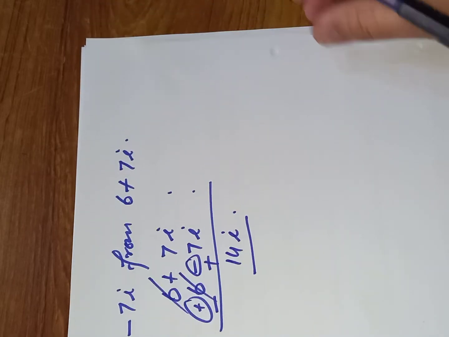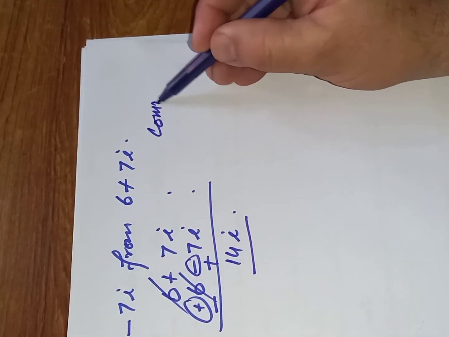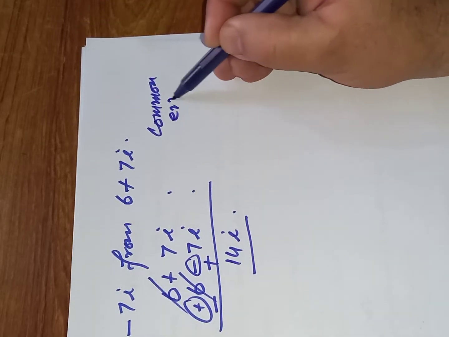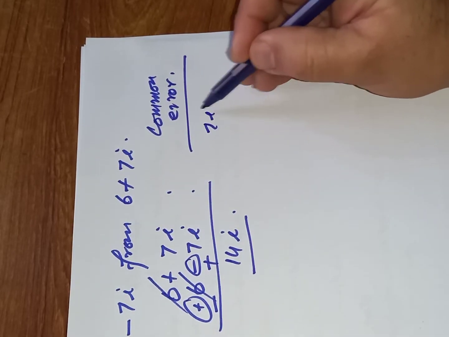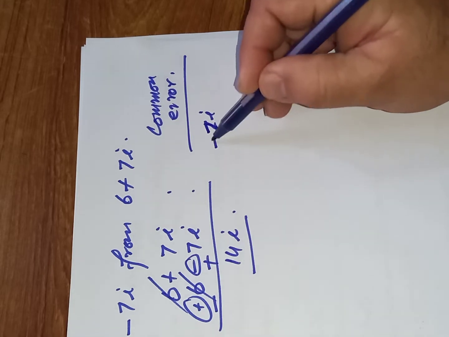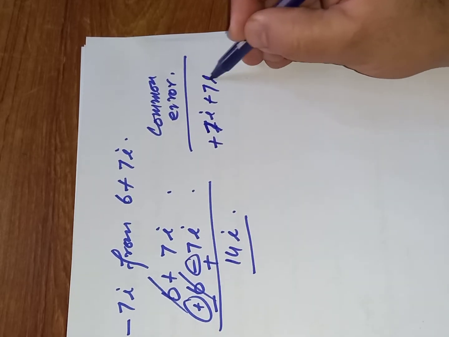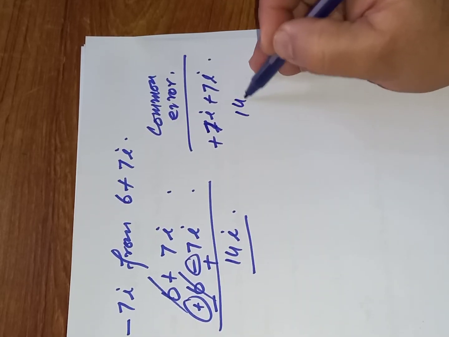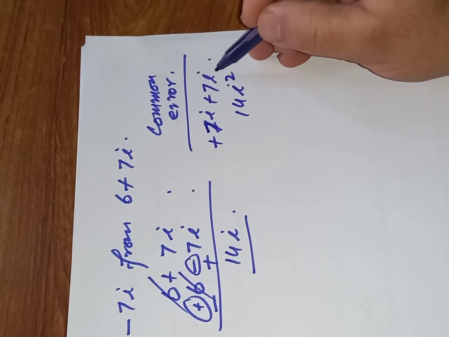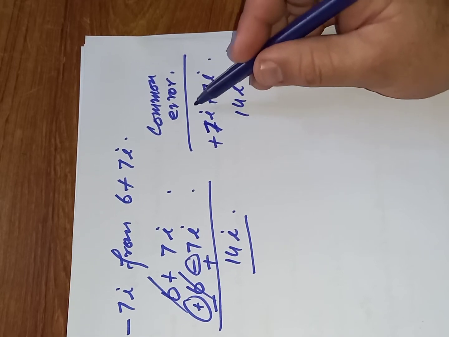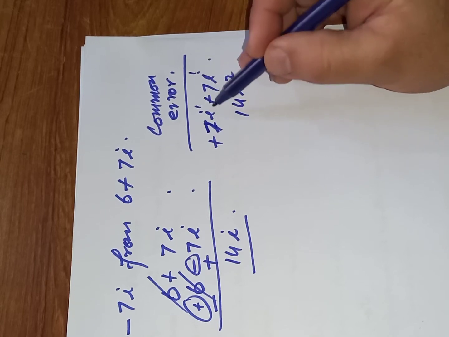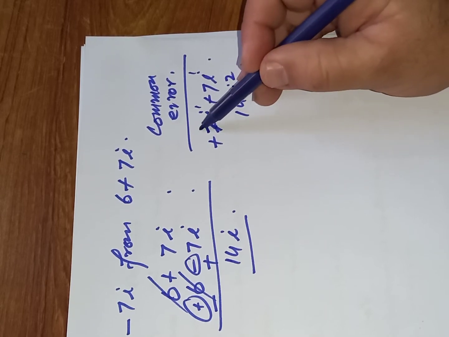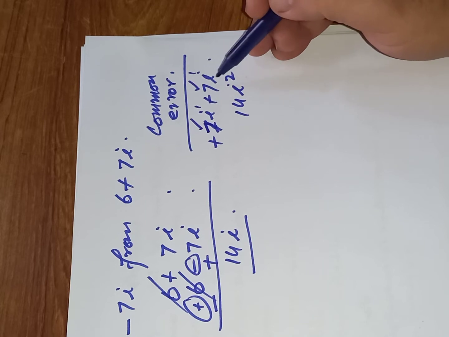Sometimes students make a common error which they commit in exams. This is 7 iota and plus 7 iota, and they start writing 14 iota square. Now iota's power cannot be added, because in addition we only add the coefficients of iota.